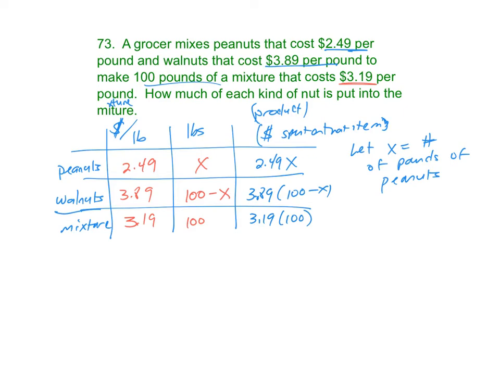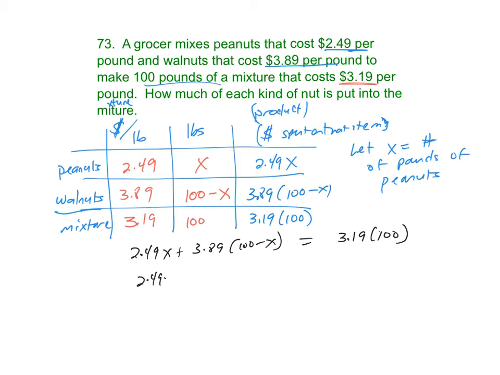So in this case, it's the dollars spent on each, which will be equivalent. So we can say 2.49x plus 3.89 times 100 minus x, that's the walnuts, has to equal the mixture, 3.19 times 100. And now we have our linear equation that's set up.